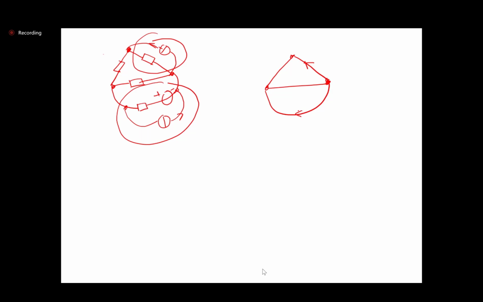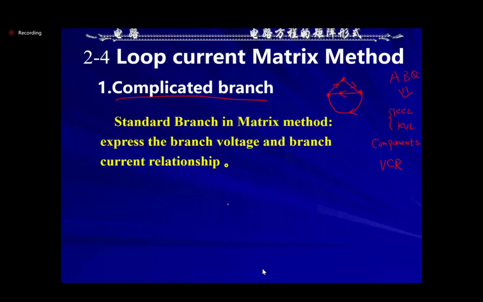So we define a standard branch, and then express the branch VCR, the voltage and current relation.